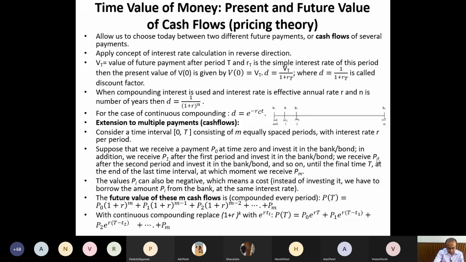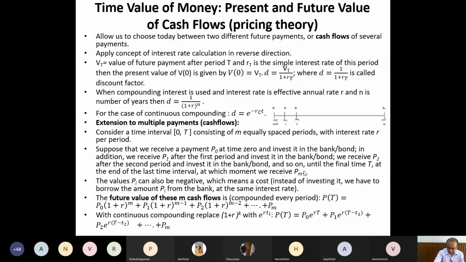I receive amount P2 after period 2, the second interval, and invest it in the same bank or same bond, and so on.